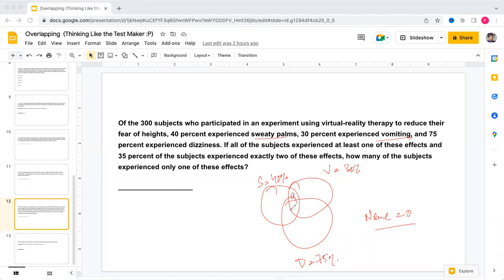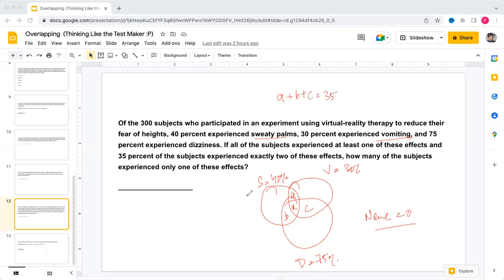If I call this A, this B, and this C, and let's call X exactly 3, right? Okay, so we are given that exactly 2, A plus B plus C, is equal to 35.